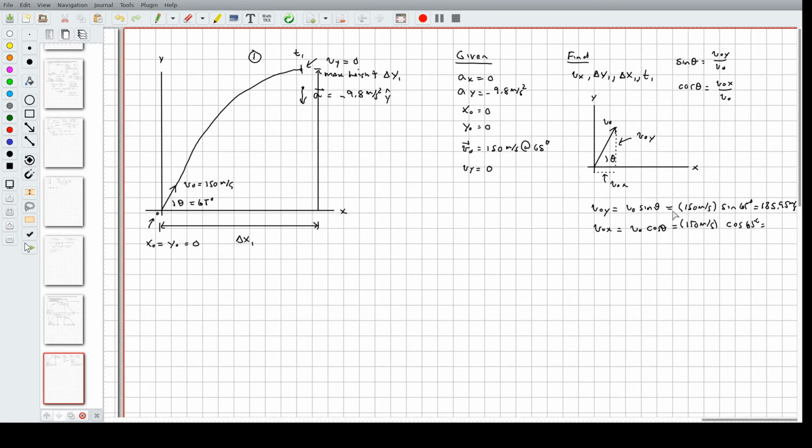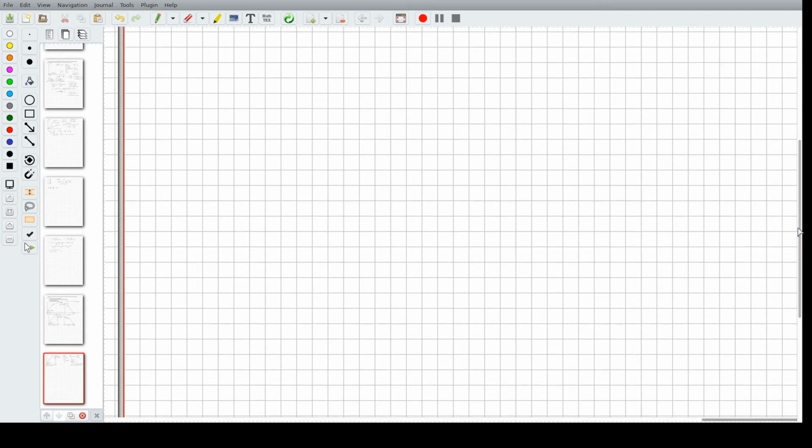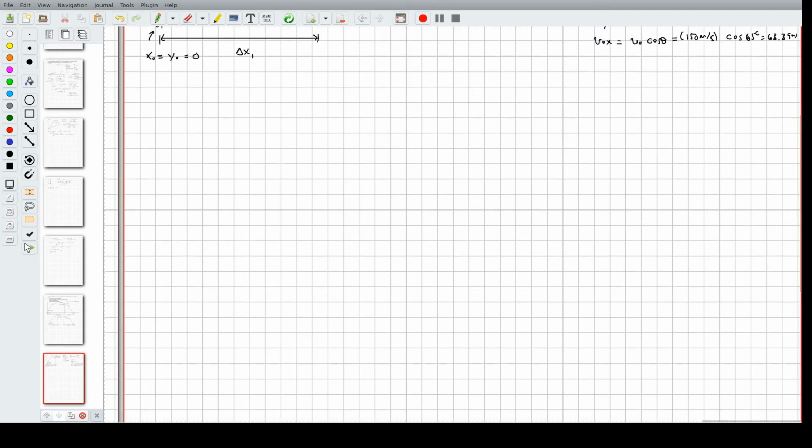That's pretty tight there. Okay, and let's do the same thing for this: 150 times cosine of 65. 63.39. So 63.39 meters per second. Woo! Boy, that's really close, huh?